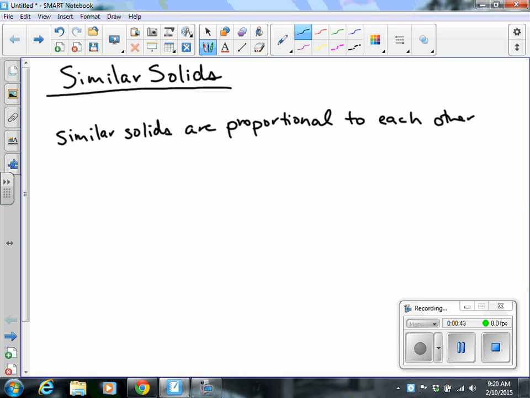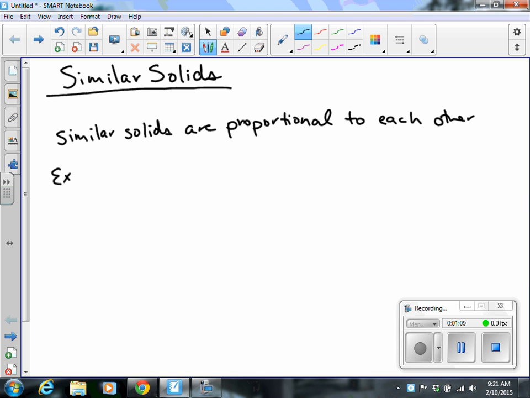What that means is they're going to have the same ratio from, say, your height, for instance. The height of your prism is going to have the same proportional ratio as the area of the base of solid A to solid B.